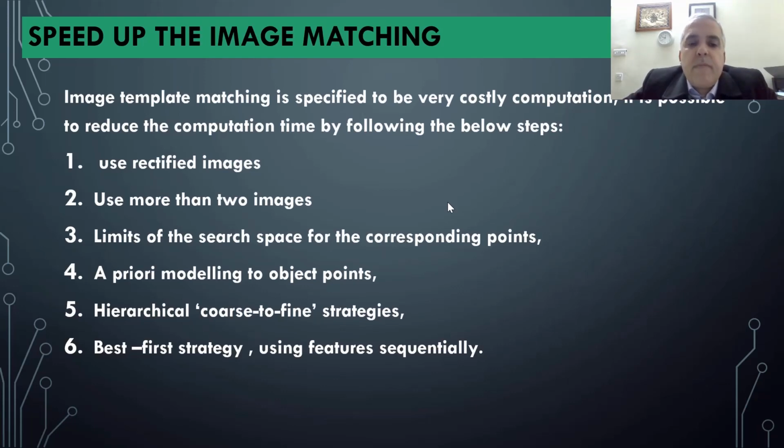A prior modeling of the object point, for example a prior location. Hierarchical cost finding strategies also limit the search area. Best first strategy using features sequentially. These are all the methods that can be followed in order to minimize the search area.